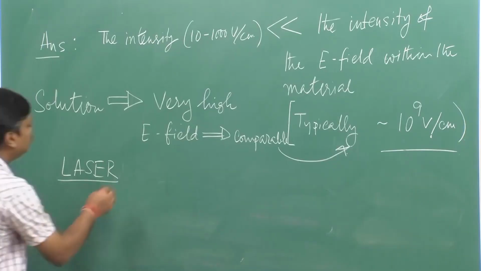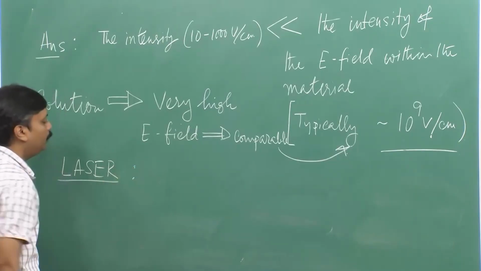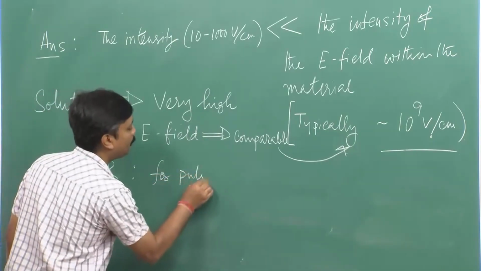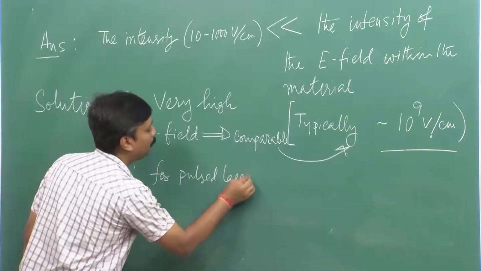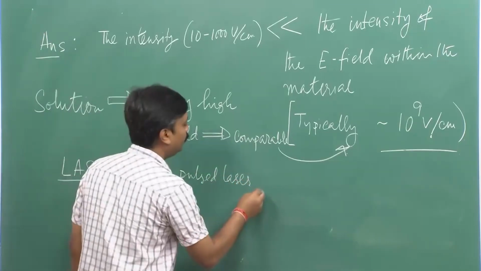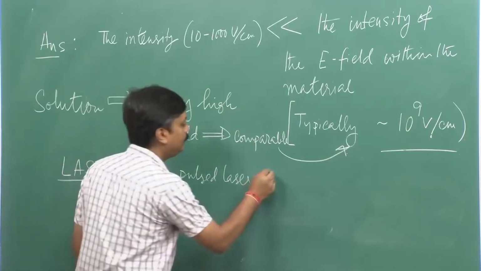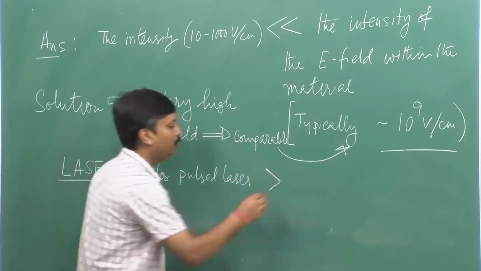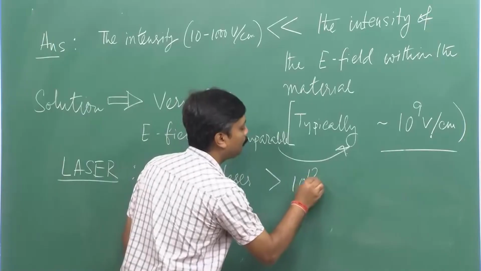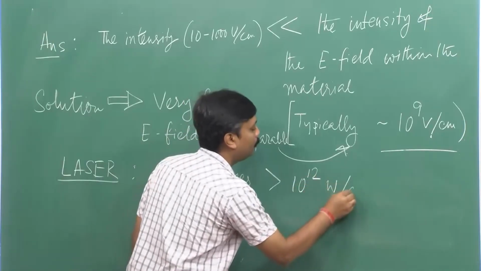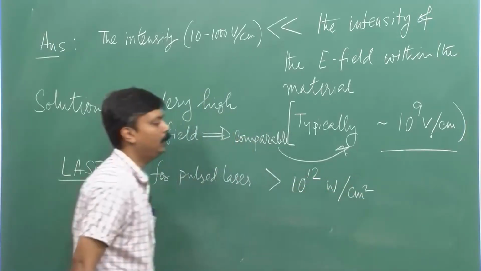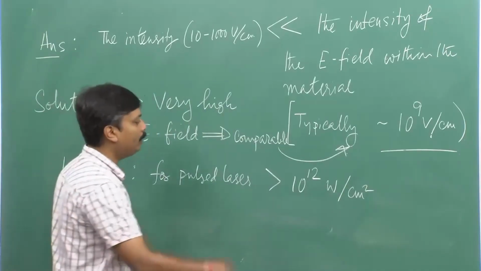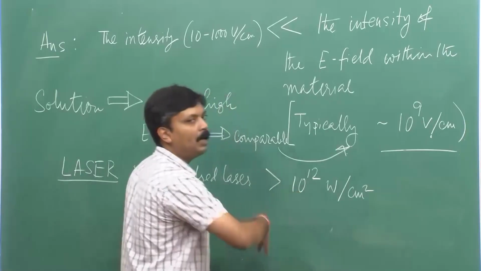If I consider particularly a pulse laser, the intensity of the laser beam can be much greater than a terawatt per centimeter square. We have done some problems associated with this, and we have seen that I can go much more than this.